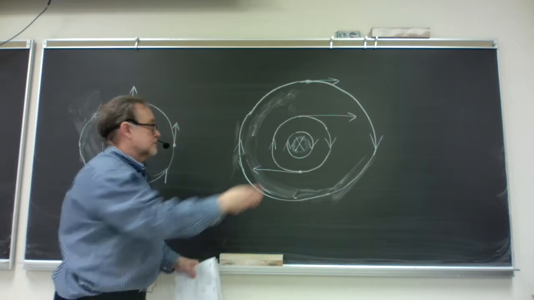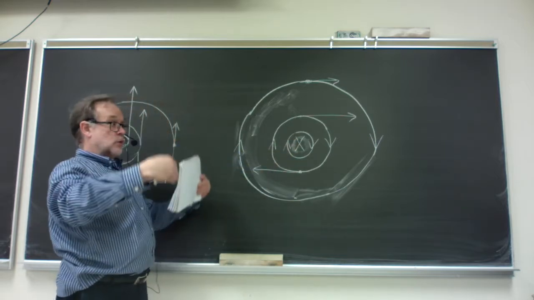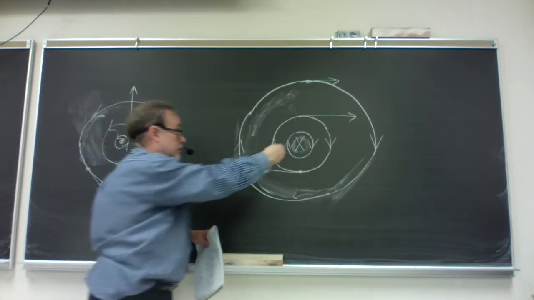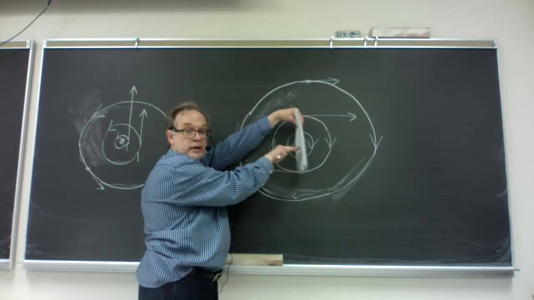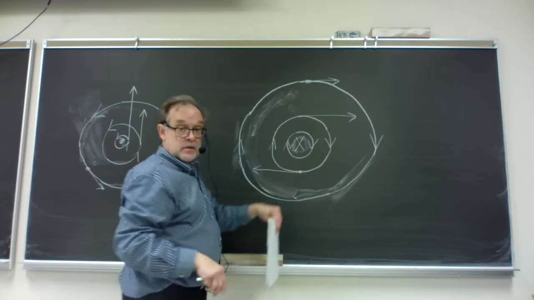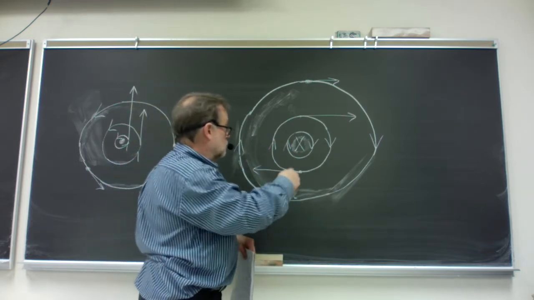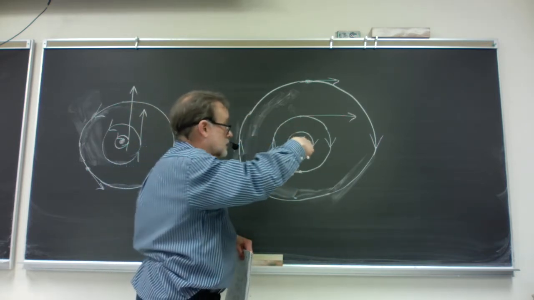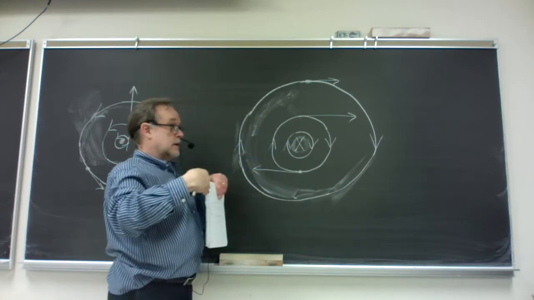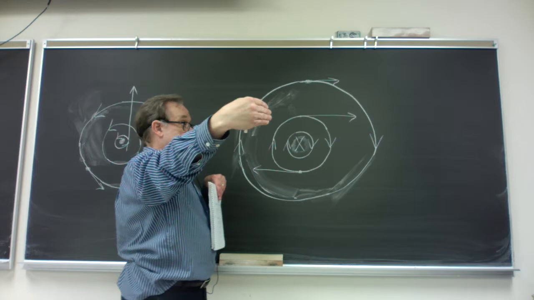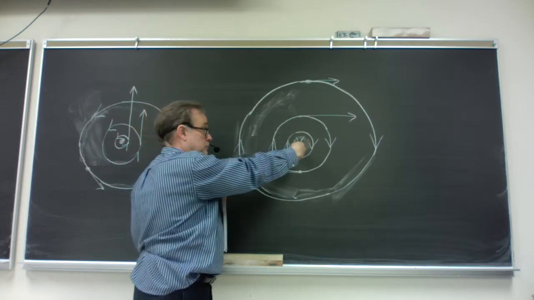It's as if we're standing right over here and looking at this plane. So the current was going this way through this plane. As I view it from this side, the current is moving right to left.